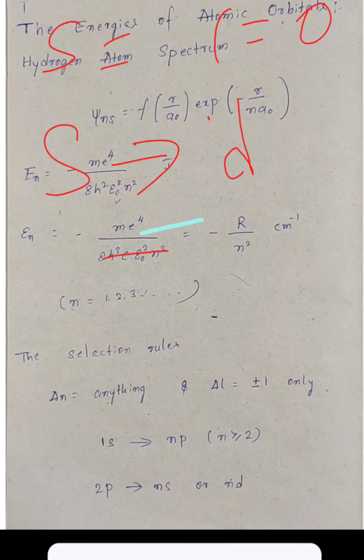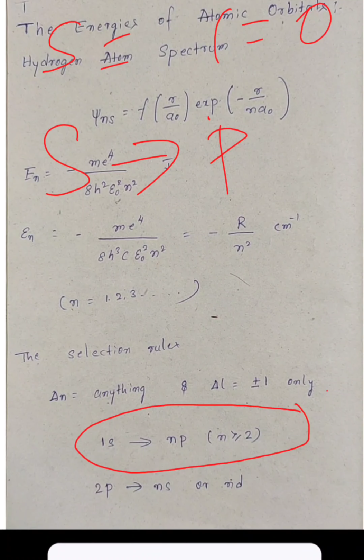The allowed transition must be the S shell to P shell. So here we write an expression 1s to np. Delta L must be plus or minus 1 and n can be anything.